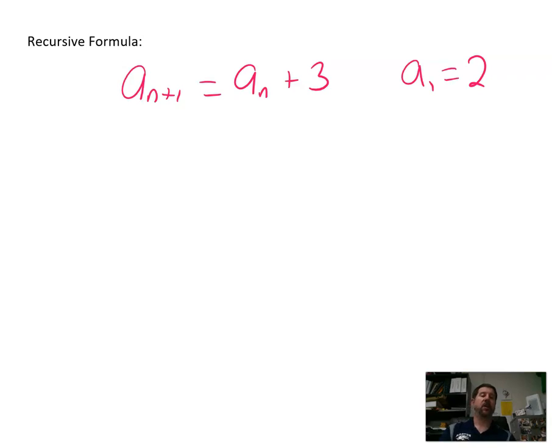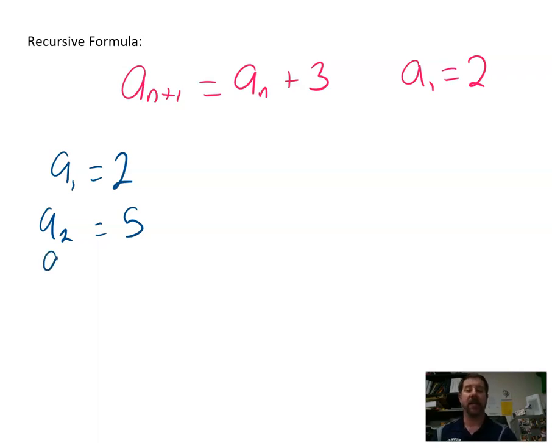So if I want to write the terms of this formula out, I know the first term is 2. That is given to me. To find the second term, it would be 1 plus 1, so a sub 2. I need a sub 1, the first term, plus 3. So 2 plus 3 is 5.